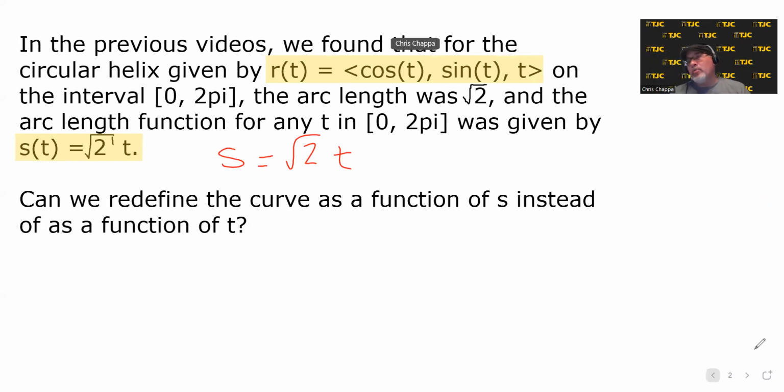Oh, wait, the arc length was, oh my gosh, I just wrote something. Oh, because this wasn't the arc length. I'm sorry. The arc length back from the second video was 2 square root of 2 pi, wasn't it? For some reason, that's not sounding familiar. Oh my gosh, I screwed up the other video. Well, dang, now I'm going to have to go back and fix it. That's all right. This is what happens when you make videos.